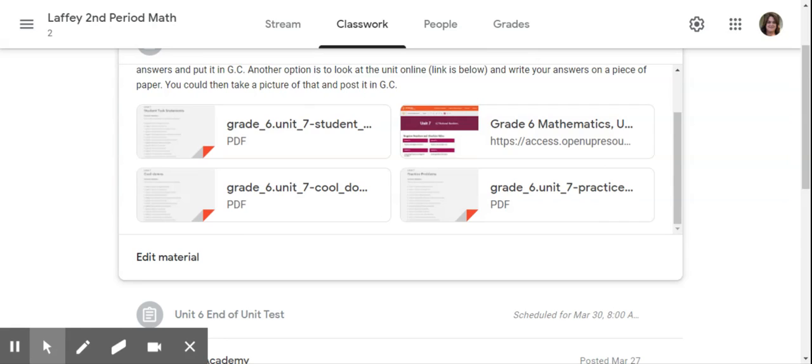All right, question C says, if you plot the elevations of the mountains and trenches on a vertical number line, what would 0 represent? What would points above 0 represent? And what about points below 0? So let's look at our paper here. So we know that 0, I'm going to do little bullet points here. 0 represents sea level.